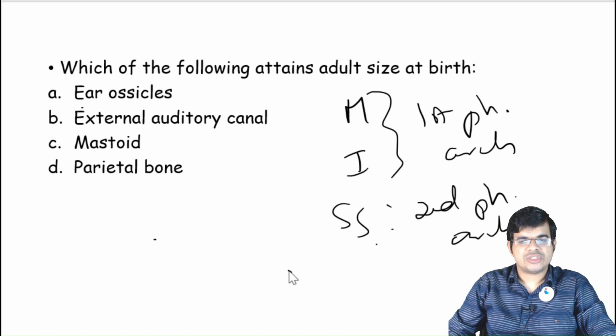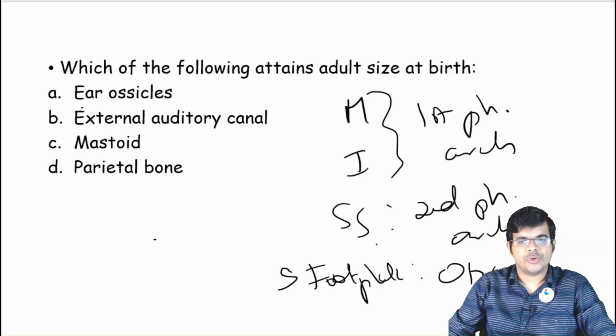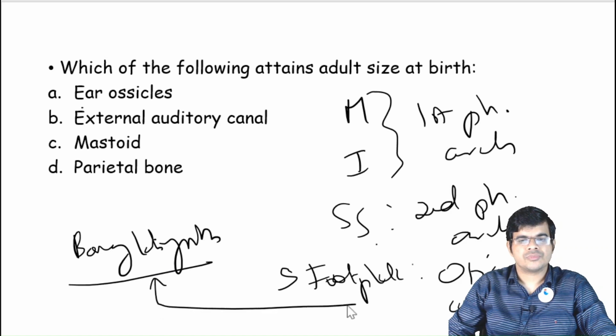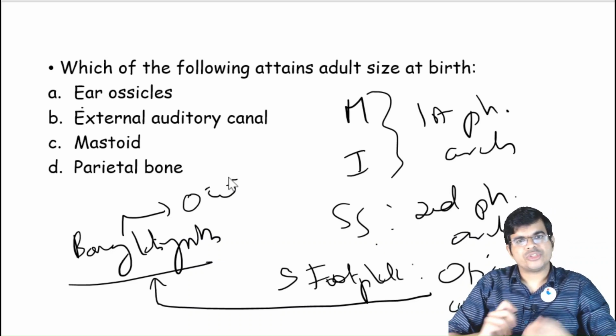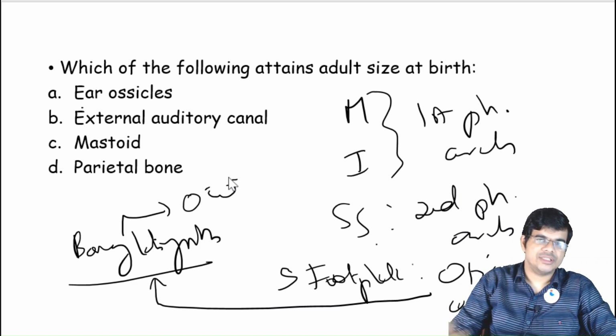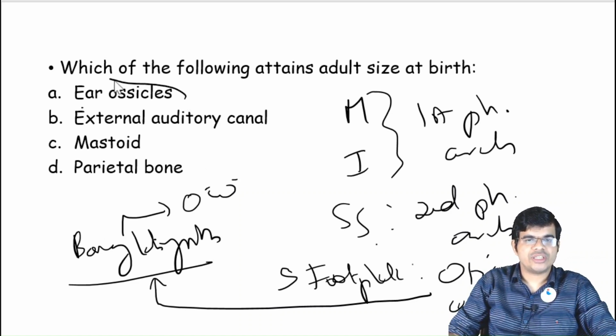Now the footplate of stapes is developing from the otic capsule, and this same otic capsule is leading to the development of the bony labyrinth, and it is on this bony labyrinth that you have the oval window which is getting covered by the otic capsule, and these ossicles are well developed at the time of birth itself. So the answer to this question is A, ossicles.